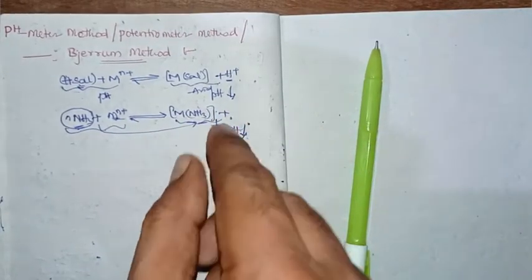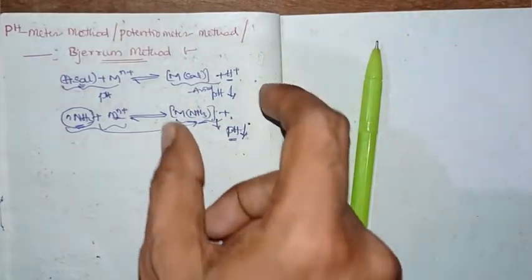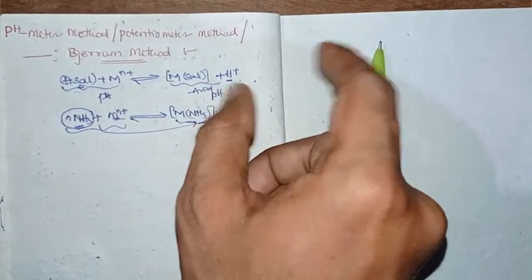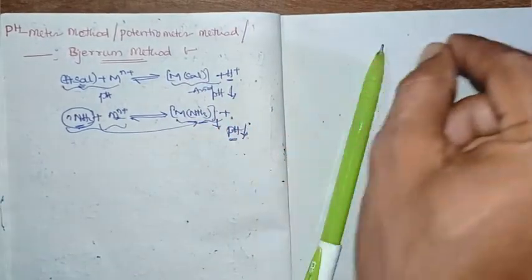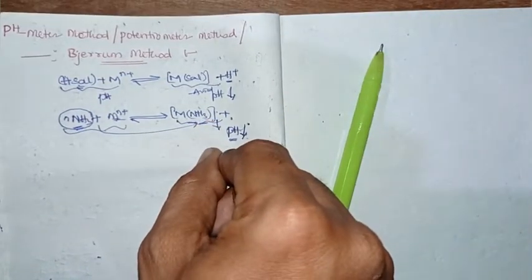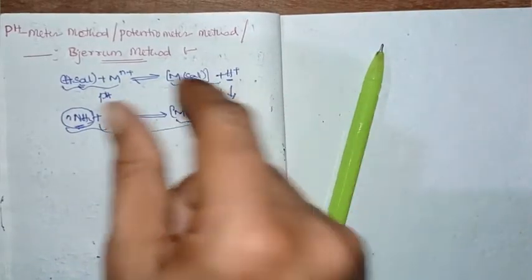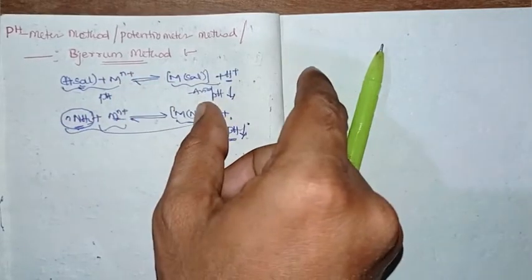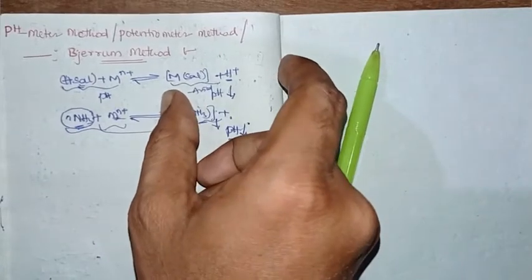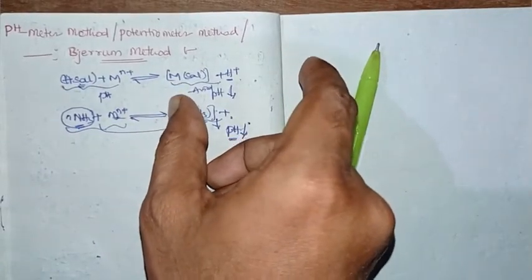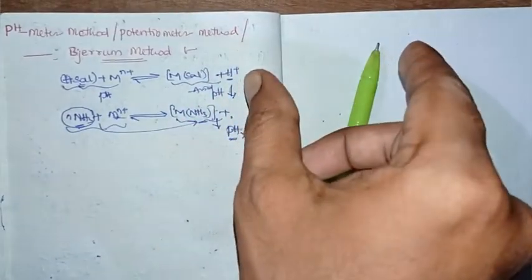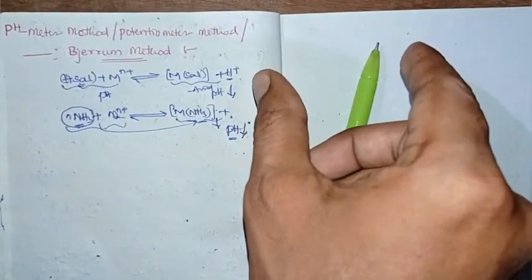So when the pH is largely dropping, it means the concentration of metal complex formed is large, and its proportional stability constant will be larger. When the pH value changes only slightly between before and after complexation, it indicates that only a slight amount of complex is formed, which reflects a smaller stepwise stability constant value, right?